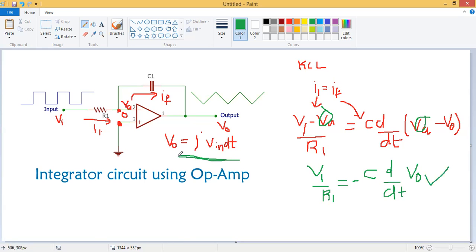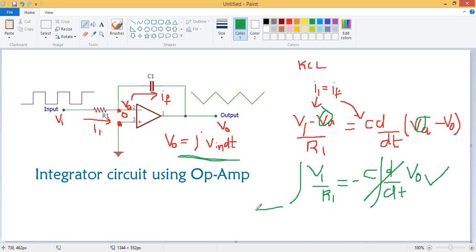So I am going to take the integration on both sides. Now integration is applied on both sides, so integration and differentiation are cancelled.